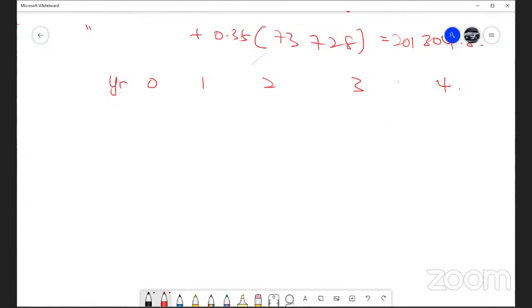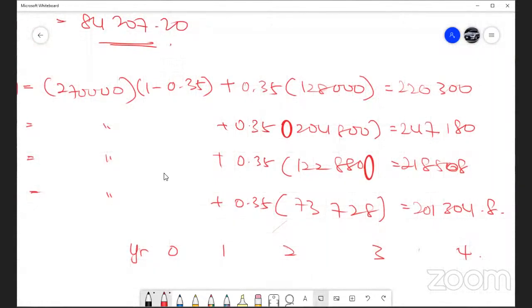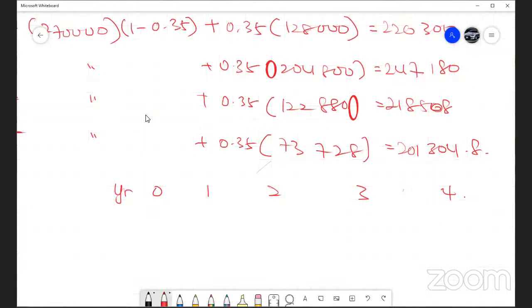Your operating cash flow just now, you already know: 220,300, 247,180, 218,508, 201,304.8.